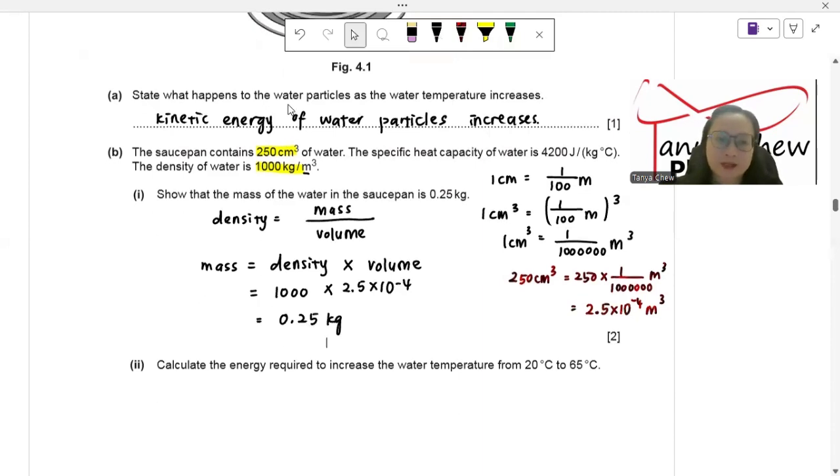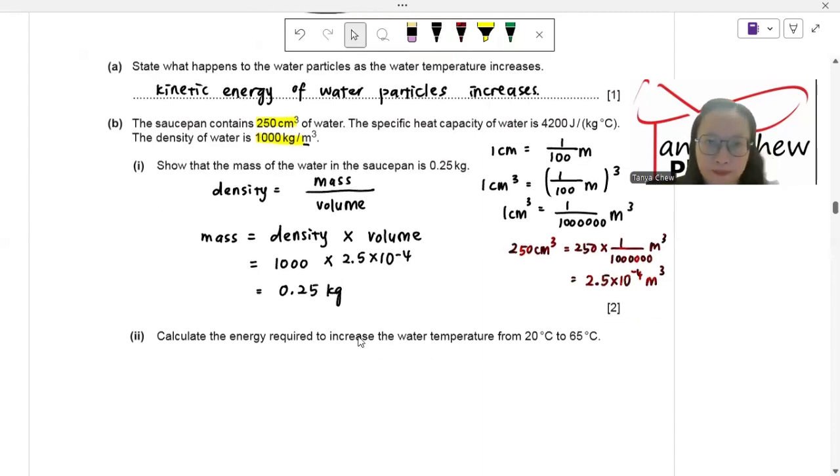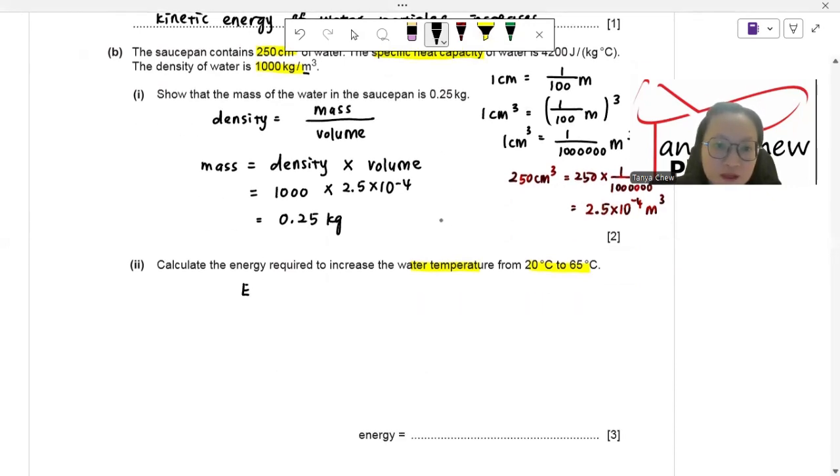Now the second part, calculate the energy required to increase the water temperature from 20 degrees Celsius to 65 degrees Celsius. Could you see that specific heat capacity is given? So when a specific heat capacity is given, all you need to do is use E equals mc delta T, where E represents energy, m represents the mass of the water, c represents the specific heat capacity of water, and delta T represents the change in temperature of the water.